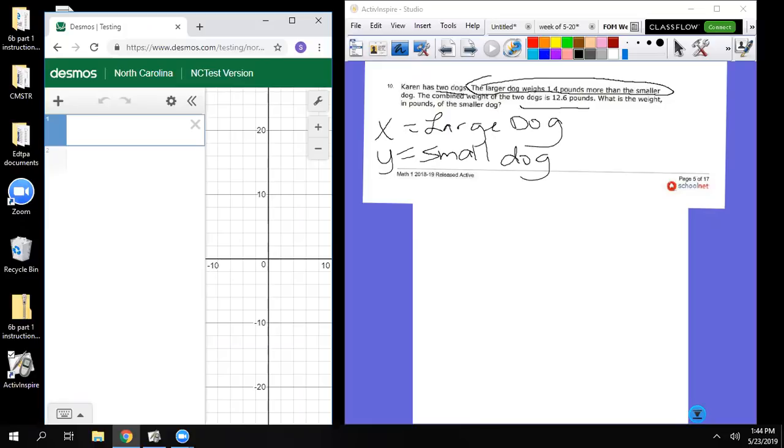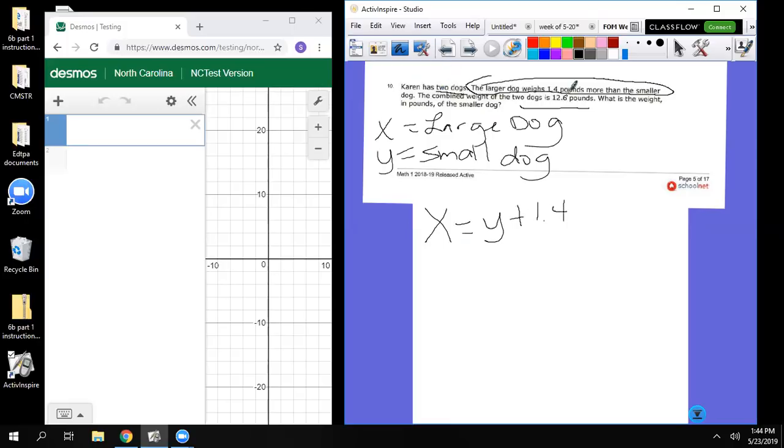So let's go ahead and write some equations that describe the dogs. So the large dog, X, weighs 1.4 more pounds than the smaller dog. So X is going to be equal to the small dog, Y, plus 1.4, okay?